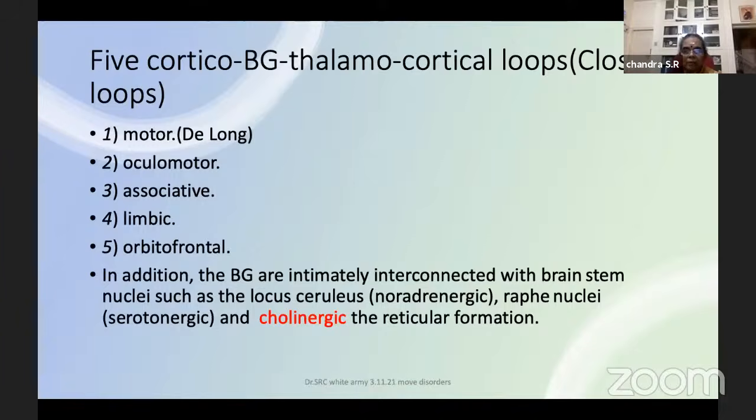In PSP patients, MSA patients, these structures degenerate. Even the falls are mediated through these structures, not through dopamine. And you have got the cholinergic reticular formation. So most PD patients are sleepy because the alerting activity of the reticular formation is not happening. So they sit and sleep. No? So all these contribute to the associative functions of basal ganglia disorders.